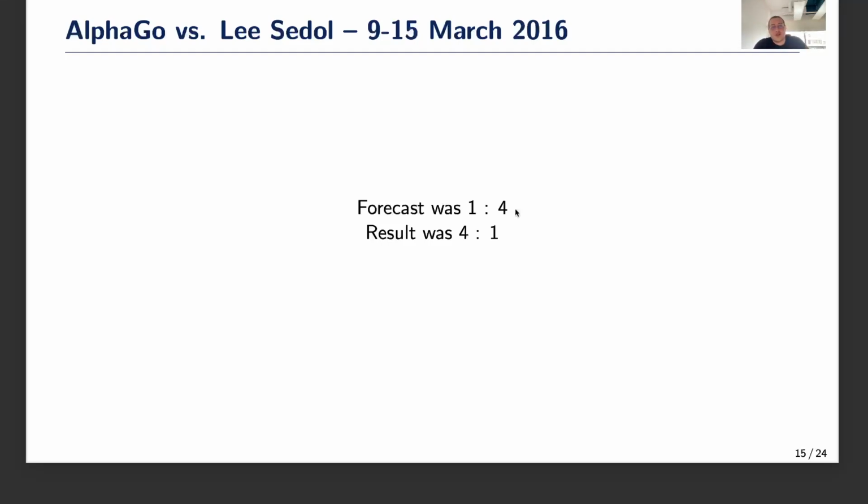Before the match, most Go professionals and honestly most AI researchers expected Lee Sedol to win easily. Forecasts predicted a 4-1 result, with AlphaGo winning only one game at best. Why? Because no AI had ever come close to beating a top-level pro on a full 19 by 19 board without any handicap.